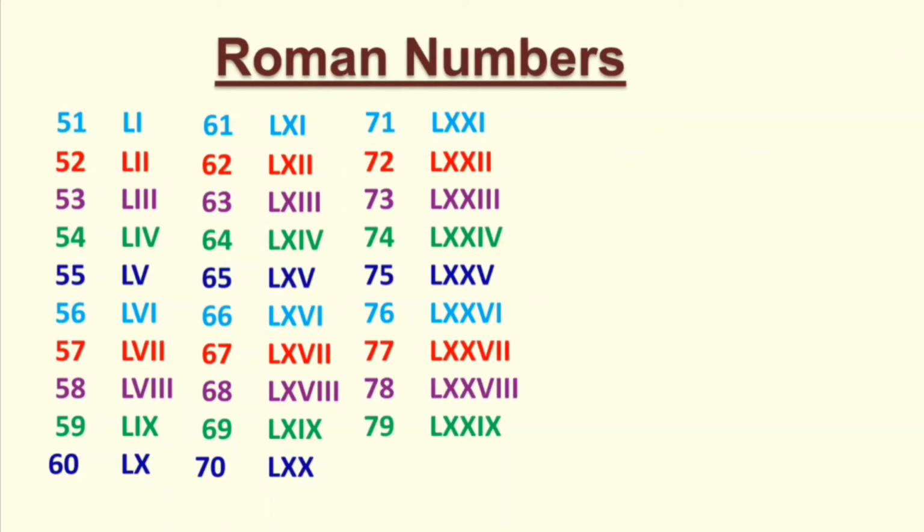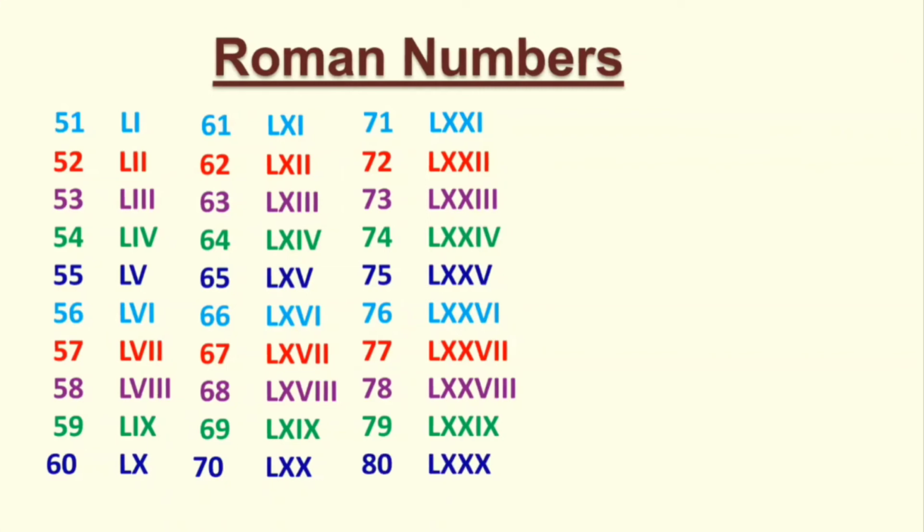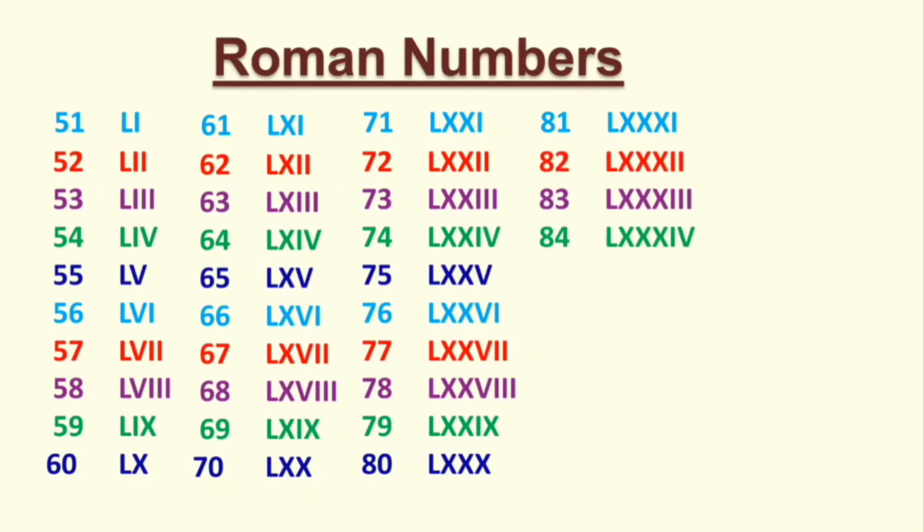For 80, 50 plus 30 is 80, LXXX. Now the tens number is 80. Write down 81 to 89.